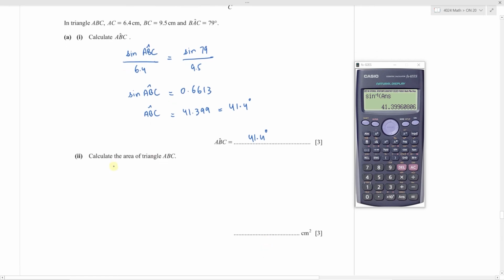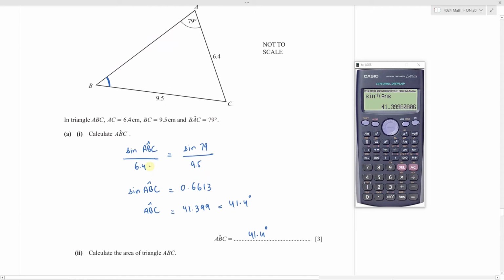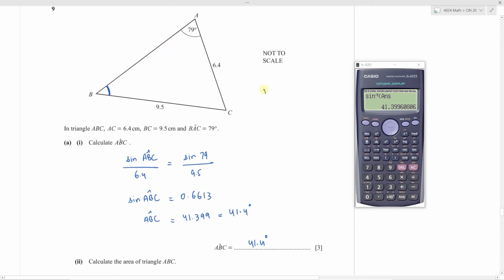The next is calculate the area of triangle ABC. So since this is not a right angled triangle, I can use the formula of 1 by 2 into sine of any angle theta and then multiplied by the two lengths, let's call them L1 into L2, that make up this angle. So we know these two lengths 9.5 and 6.4. So they make up this angle BCA.